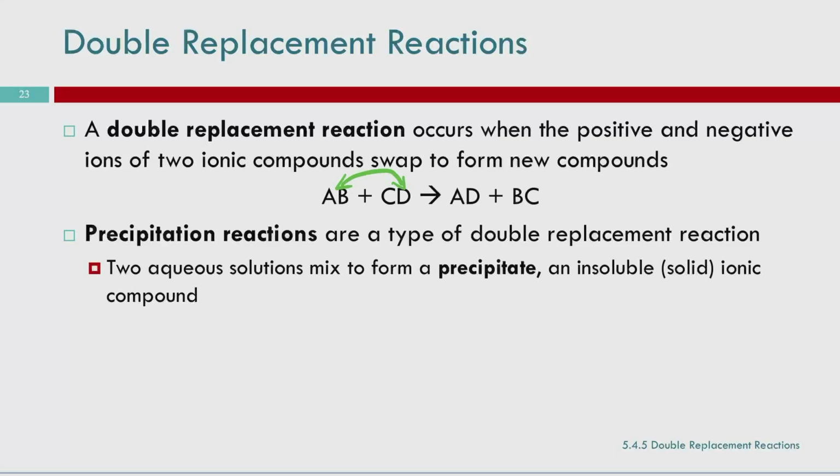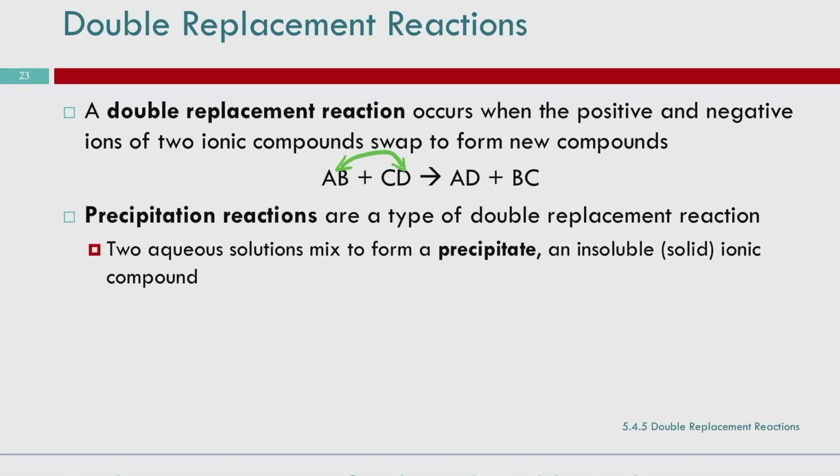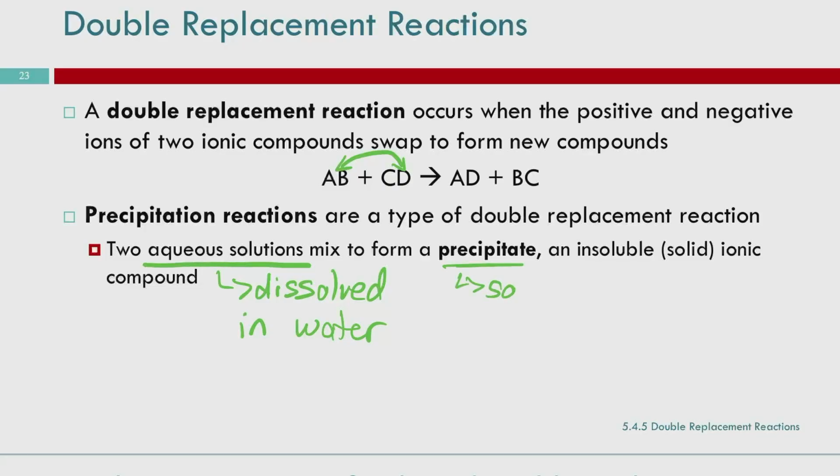A precipitation reaction is a specific type of double replacement reaction. So two aqueous solutions, two dissolved solutions, mix and form a precipitate. Dissolved in water, form a precipitate, which is a solid.